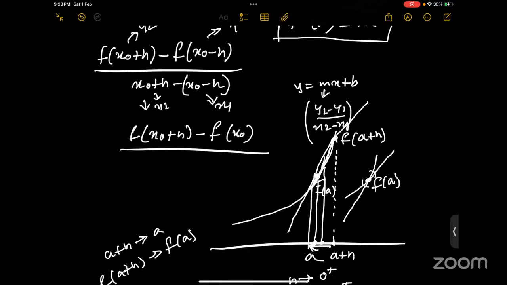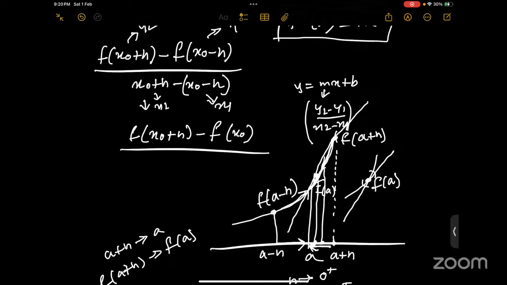Ma'am, if I talk about the left hand side, a minus h is also approaching to 0 plus. Yeah. So a minus h, if we approach this to A, then the functional value of a minus h, that means f of a minus h, this will also be approaching towards f of A, right?